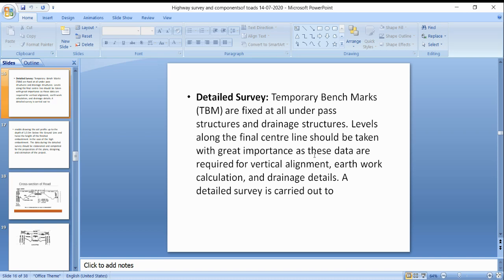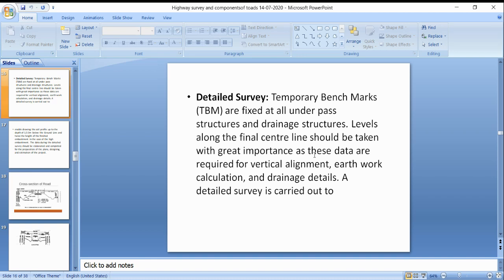It consists of a detailed survey itself, and also any alternate route selected in the reconnaissance survey. If there is a possibility of an alternative because of obligatory points with deviation chances, that route also we have to know.